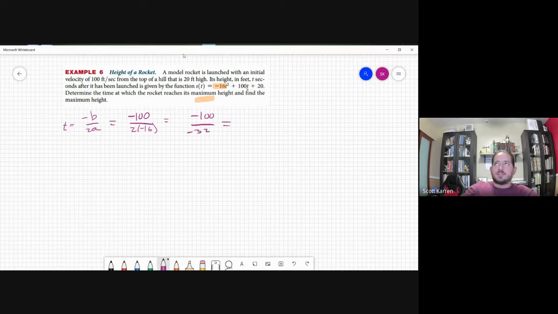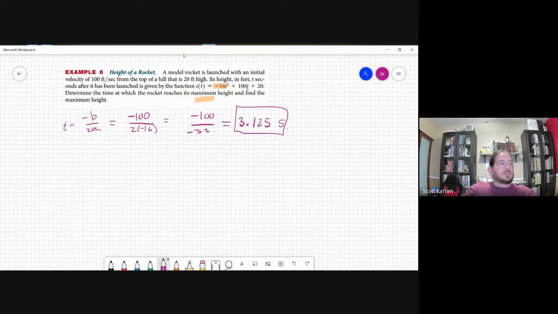The negatives cancel out. This ends up being 3 and an 8. So that's when, right? When does it get to its maximum? At 3 and an 8 seconds, or 3.125 seconds.